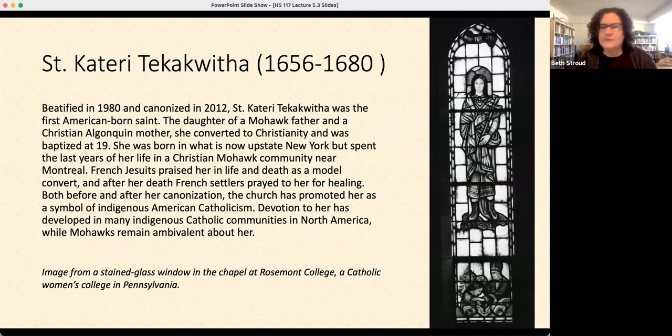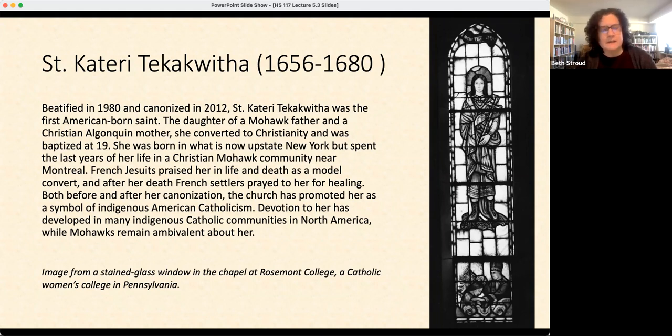One notable figure who comes out of New France is Saint Kateri Tekakwitha, who is the first American-born saint. She was the daughter of a Mohawk father and a Christian Algonquin mother. She was baptized at the age of 19 and spent the last years of her life in a Christian Mohawk community near Montreal.